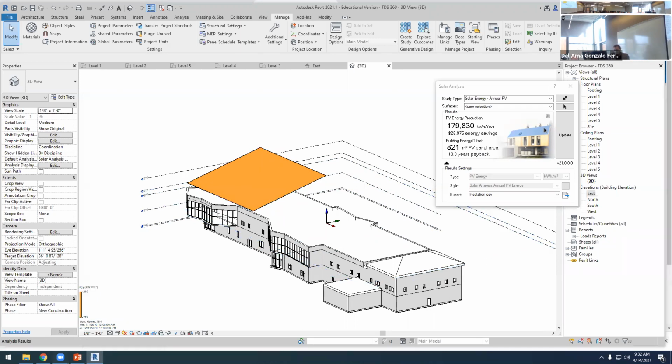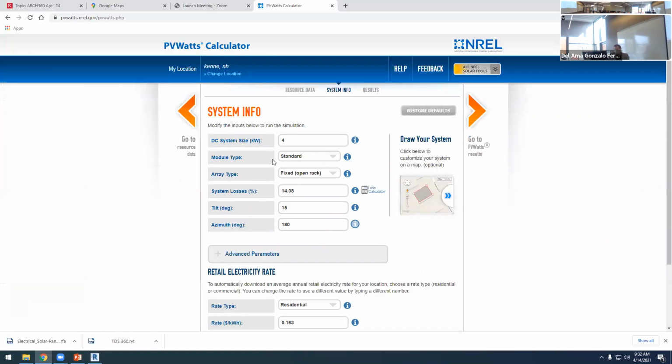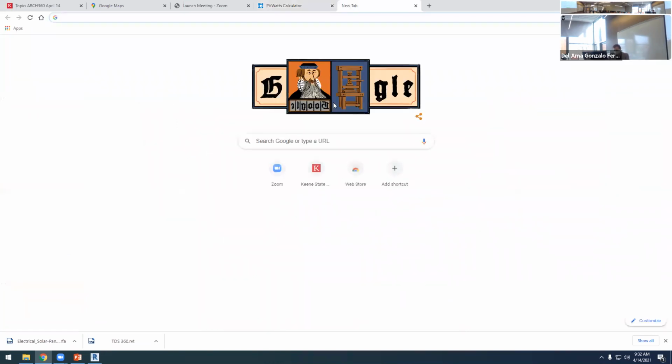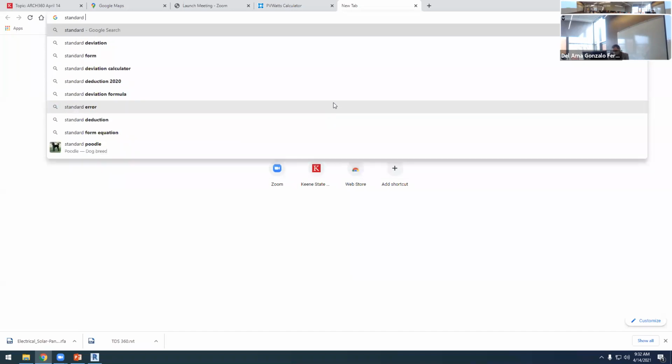That depends on the quality of the PV panel. So we can have a standard, we can have a premium, which will be better, or a thin film that will be worse.